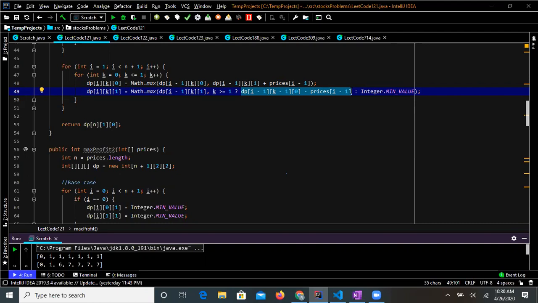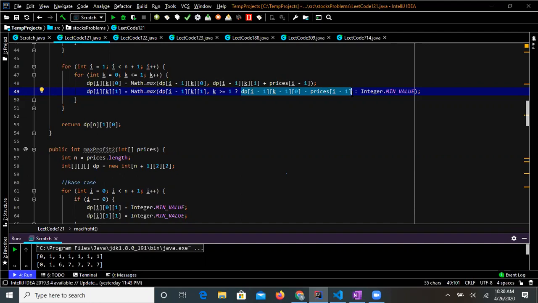Okay. So the meaning of that line is, on day i, with at most k transactions, I want to hold one stock in hand. So the first way I can do that is if I already have a stock in hand from the previous day. That one you got already. Okay. Then how else can I have one stock in hand?